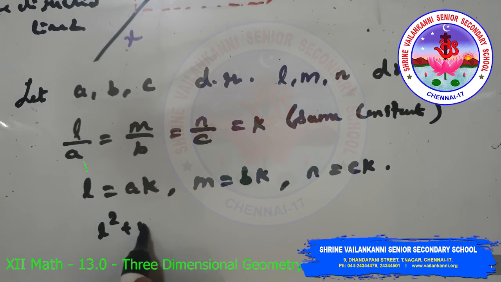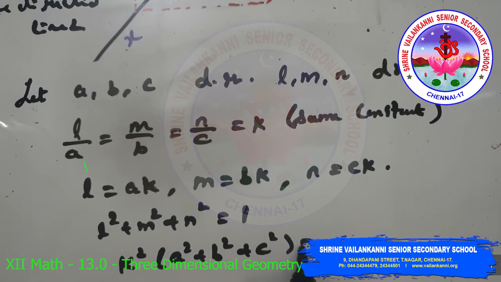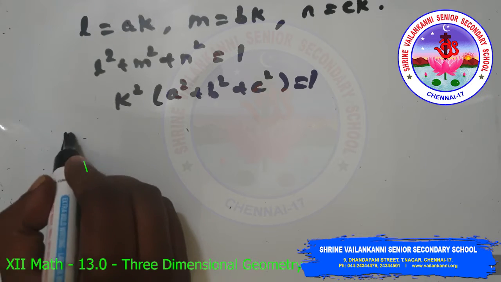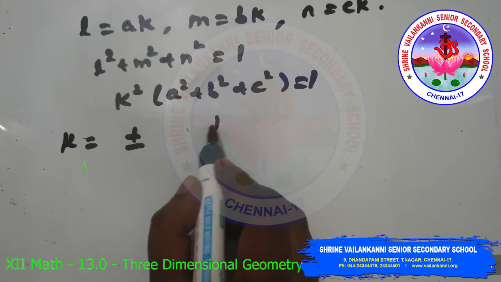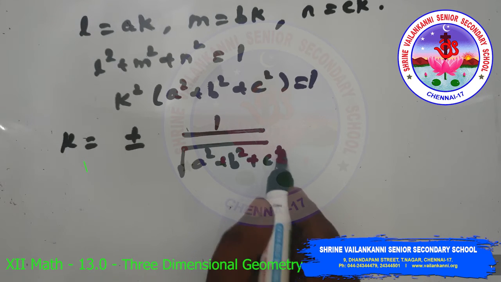Then l square plus m square plus n square equals 1. So k square into a square plus b square plus c square equals 1. So k equals plus or minus 1 by root of a square plus b square plus c square.